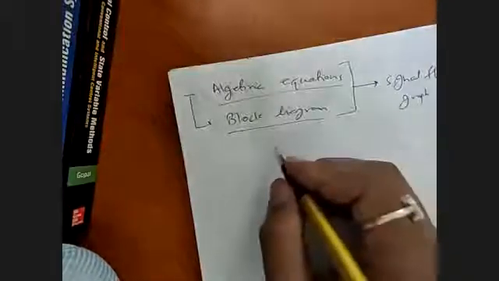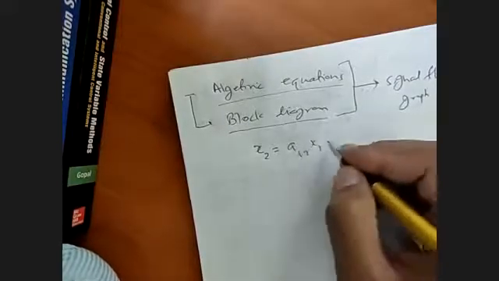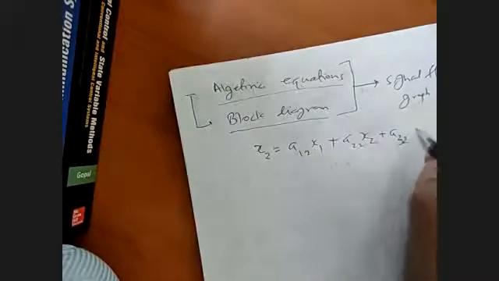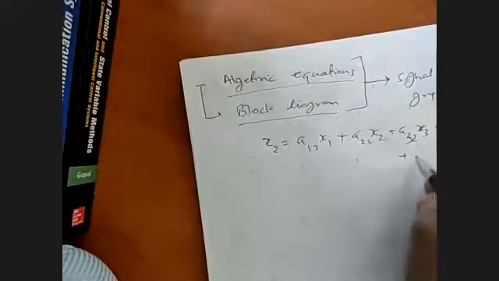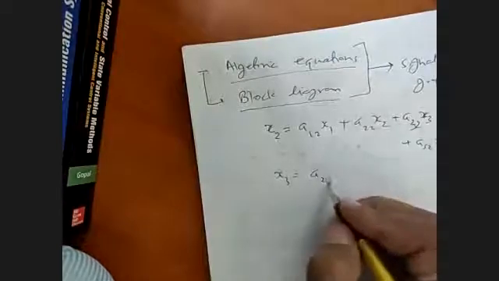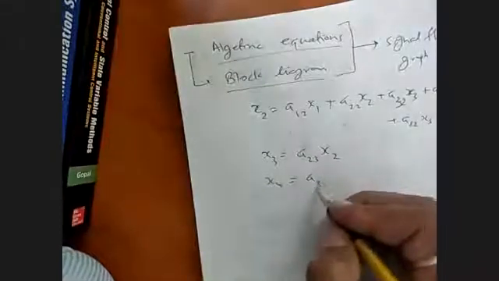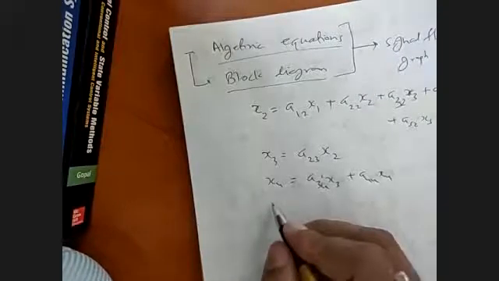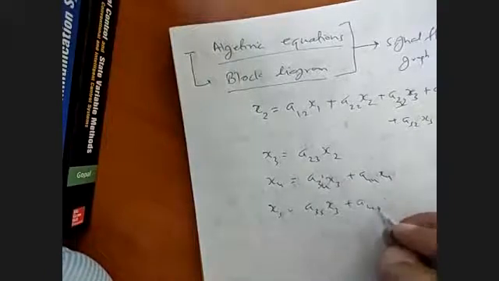So we are saying that the algebraic equation will be in the form of this, that is a12x1 plus a22x2 plus a32x3 plus a42x4 plus a52x5, and then x3 is a23x2, then x4 is a34x3 plus a44x4, and then x5 is a35x3 plus a45x4.